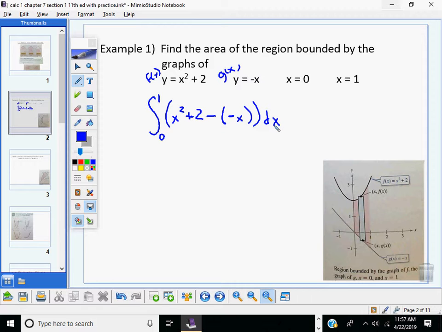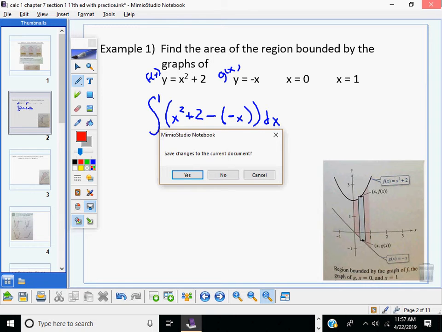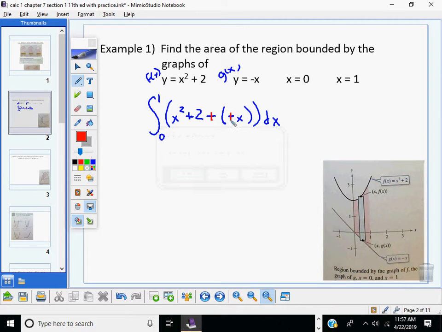Don't forget it's dx because we're integrating with respect to x. So now, when I distribute my negative, it makes that a plus. Okay, so I'm going to have the integral from 0 to 1 of x squared plus x plus 2 dx.